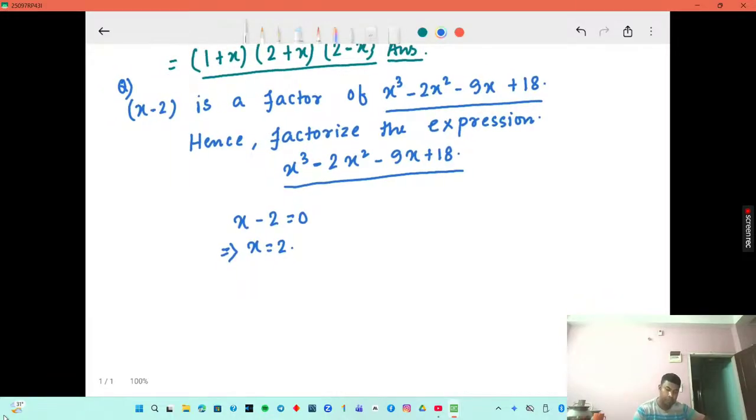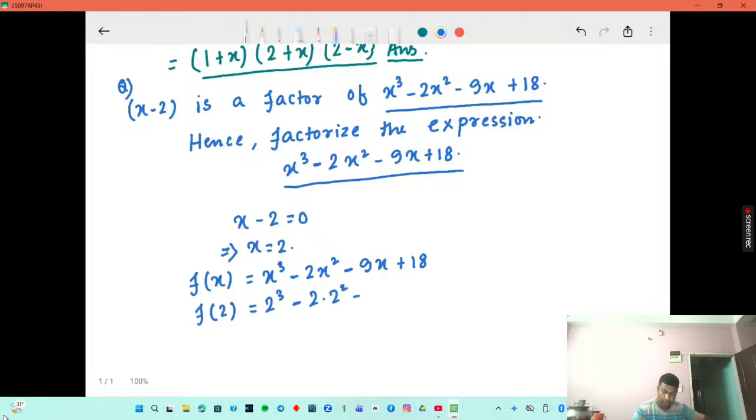When we put the value of x in this equation, f(x) is equal to x cube minus 2x square minus 9x plus 18, that is f(2) equals 2 cube minus 2 into 2 square minus 9 into 2 plus 18. 2 cube is 8.